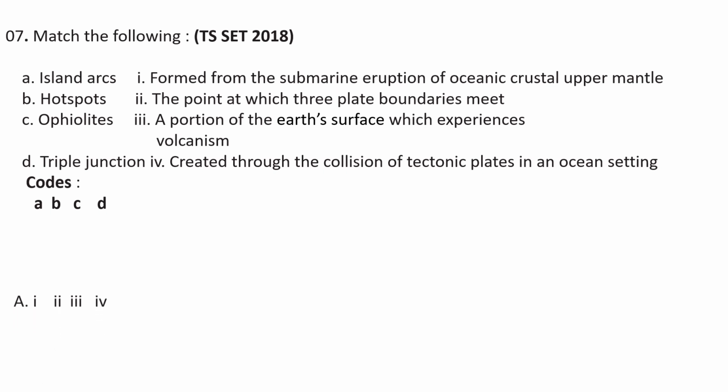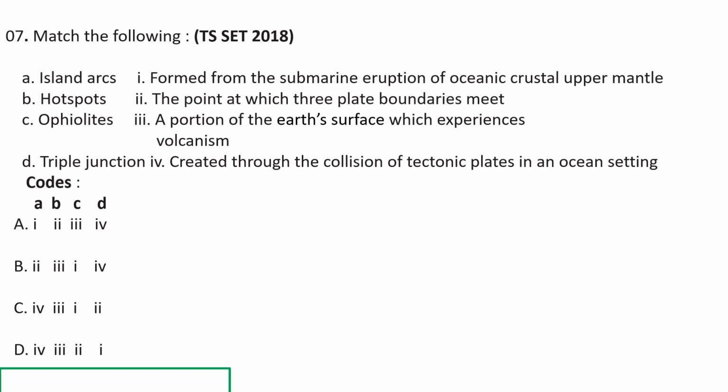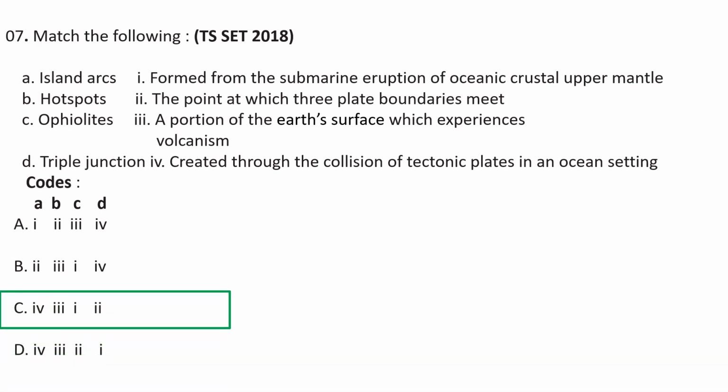So the codes are like this: A A1, B2, C3, D4; B A2, B3, C1 and D4; C A4, B3, C1, D2; and D A4, B3, C2 and D1. So if you match this, the exact correct answer that fits is C.